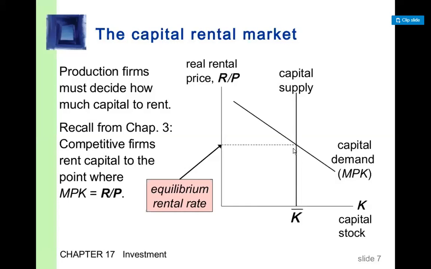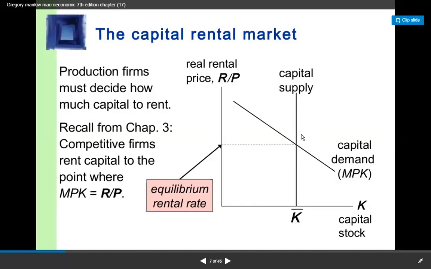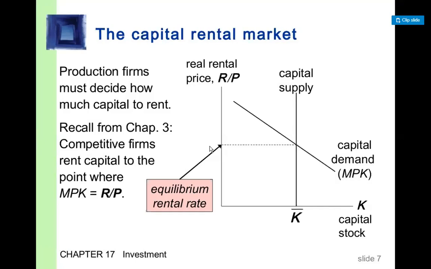Both are agreed to make a transaction of this capital, to make a commitment on this capital at this rent. This is the equilibrium rent, the equilibrium rental rate. At this real rental rate, it will be equal to the marginal production of capital.